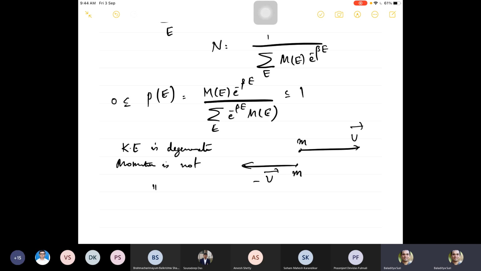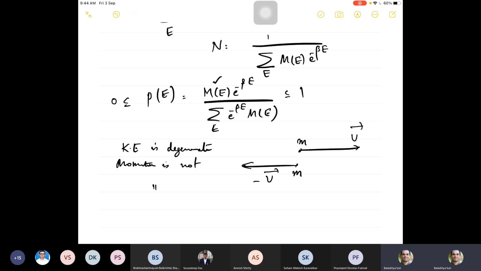If you specify only the kinetic energy of these two states, you cannot separate them. That is precisely what we are doing here. As long as we ask the question, what is the energy of a particular state, and we don't care about what all other physical observables are for that state, then in the energy variable, these states can become degenerate. And since the Gibbs principle says that the probability depends only on energy, you get this multiplicity factor.